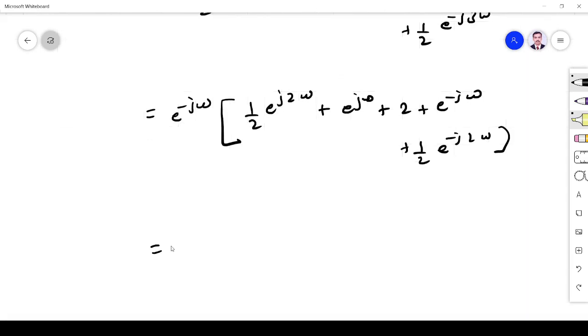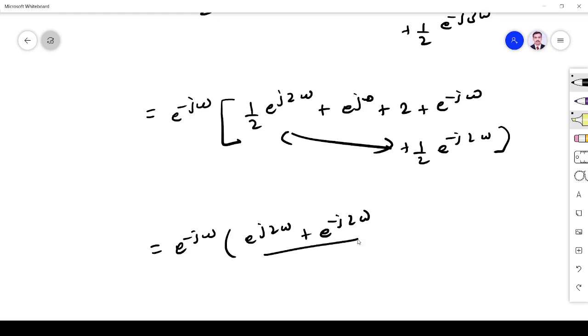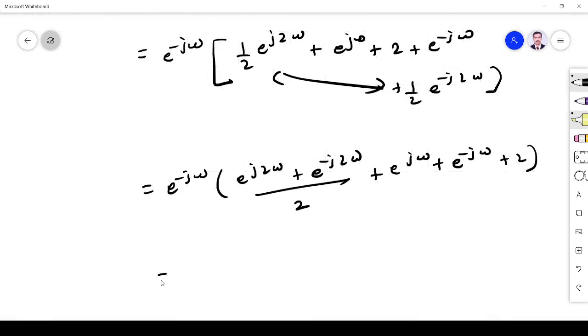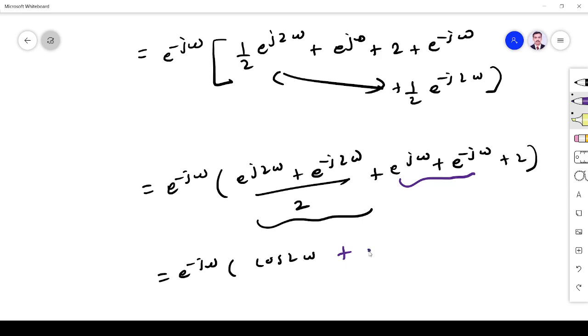If you simplify, e power j 2 omega plus e power minus j 2 omega is 2 cos 2 omega divided by 2, giving cos 2 omega. And e power j omega plus e power minus j omega is 2 cos omega. So the answer is e power minus j omega times cos 2 omega plus 2 cos omega plus 2.